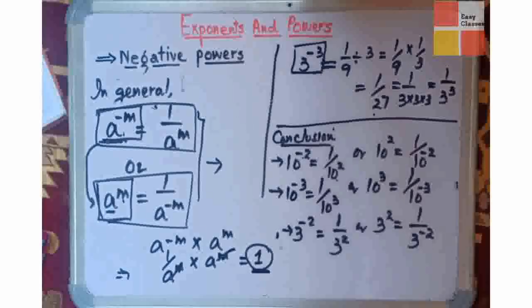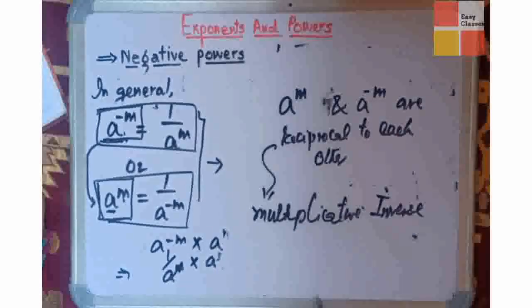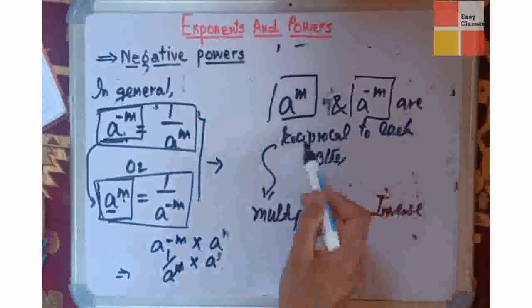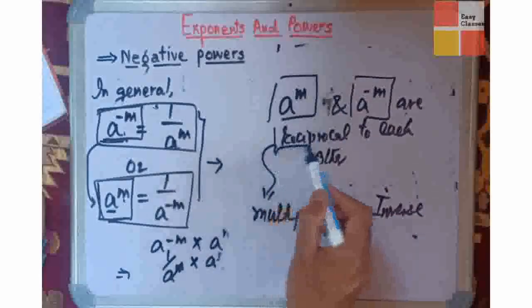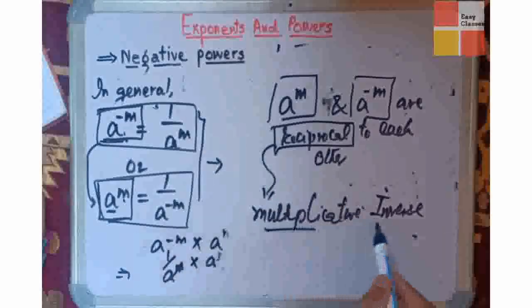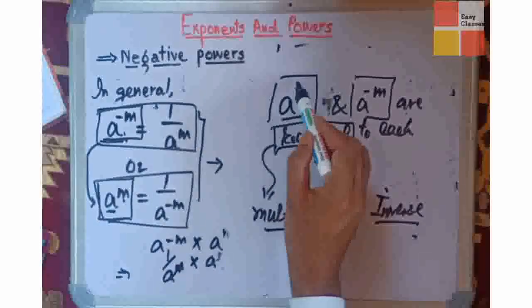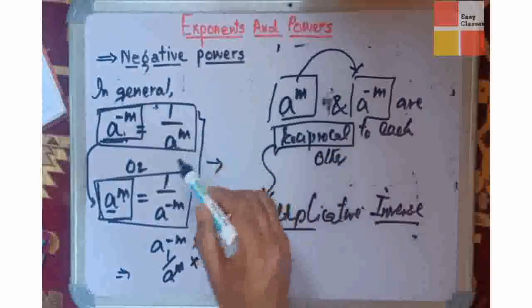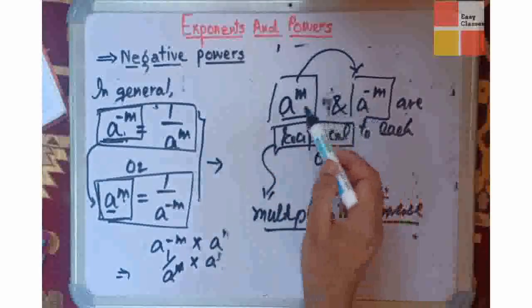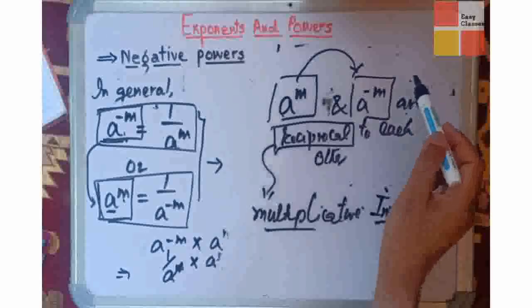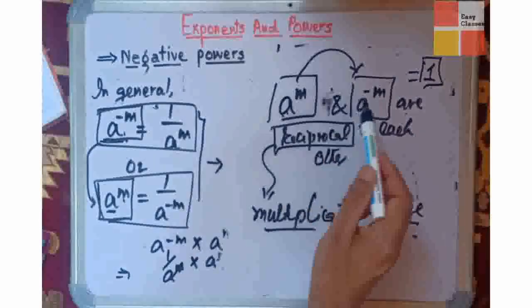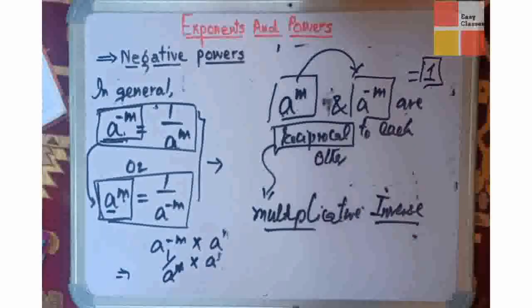So a raised to power m and a raised to power minus m are reciprocal to each other. By reciprocal we mean multiplicative inverse, because when we multiply a raised to power m with a raised to power minus m, we get 1 in the answer. That's why these two terms are reciprocal to each other.